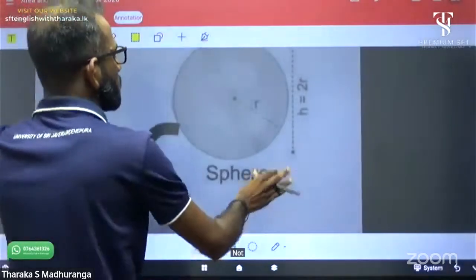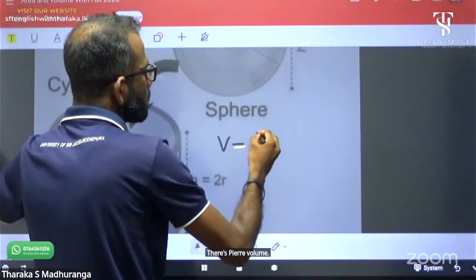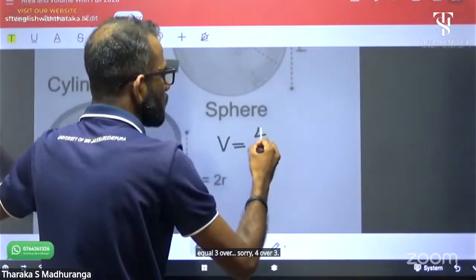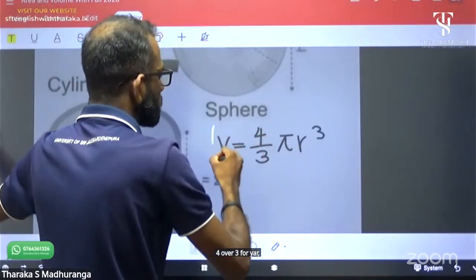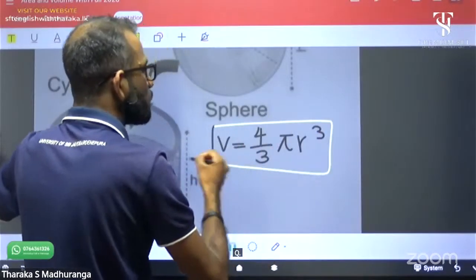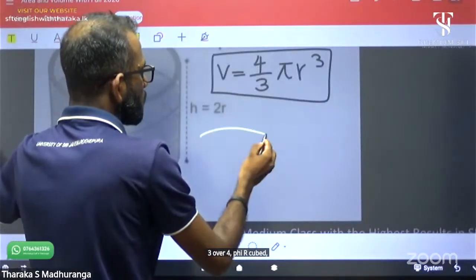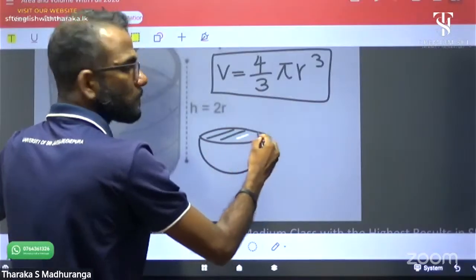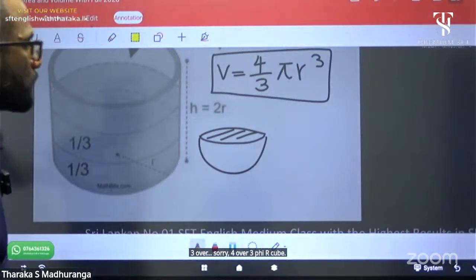The sphere volume equals 4 over 3 pi r cube. 4 over 3 pi r cube.